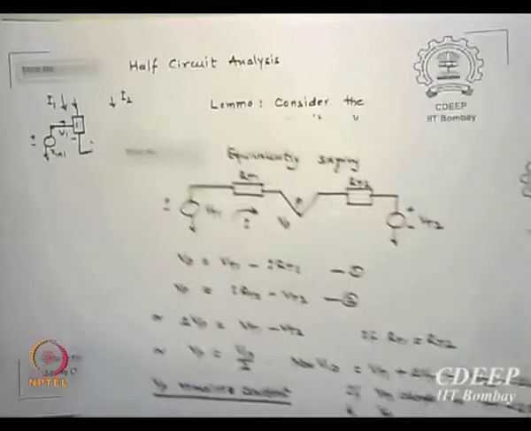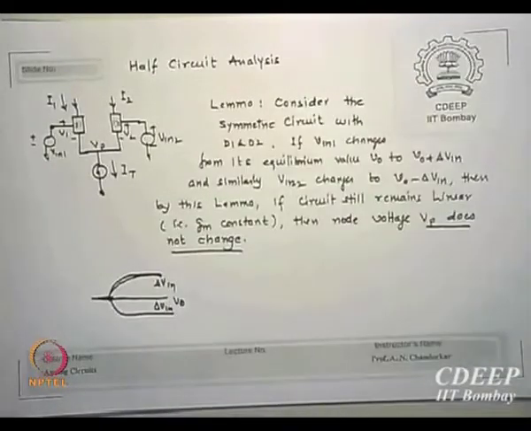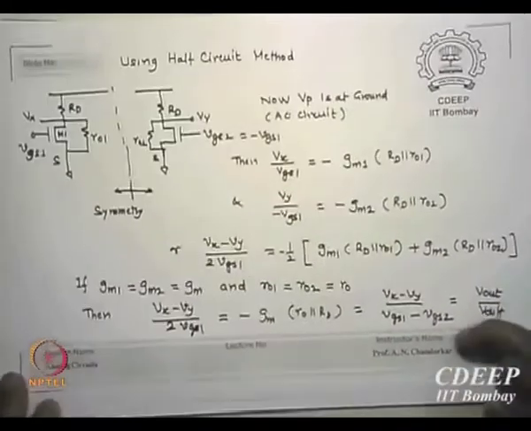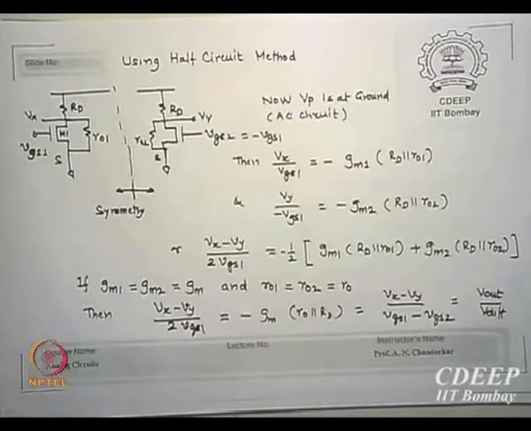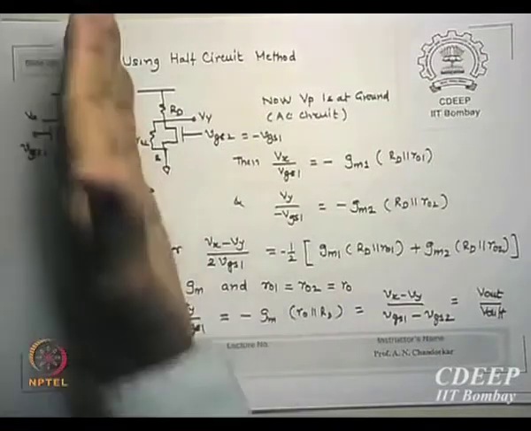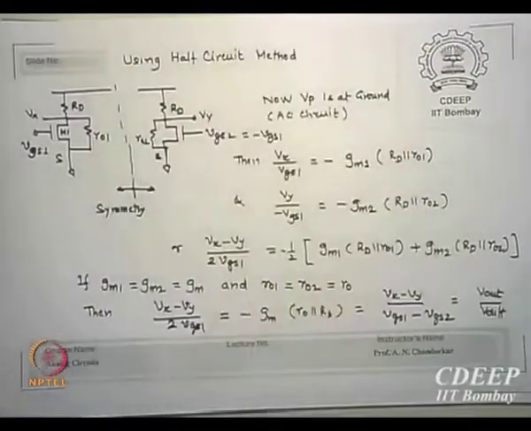If this circuit is symmetric, and this word symmetric is now shown here, that is what it essentially means. You look at your diff amp: for AC, on your left and on your right you have a symmetric circuit. Is that clear? So I can break that point.